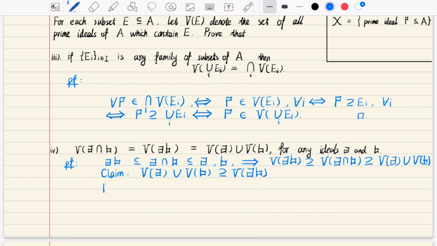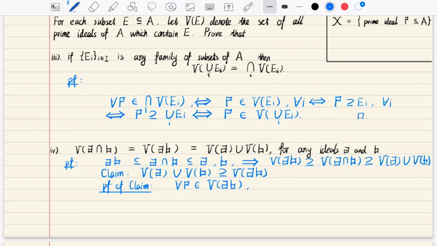To prove this, we just need the definition. Take any P belonging to the V of the product. We need to prove P belongs to either V of A or V of B.